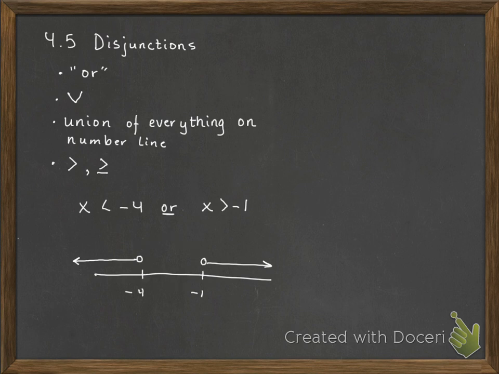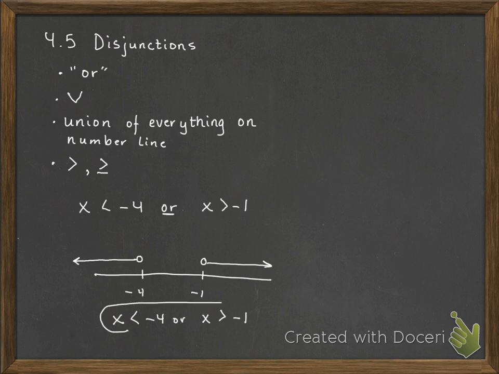But when you deal with a disjunction, you're talking about everything that's on the number line. In other words, all the numbers that the lines on your number line are covering, okay? Which is X is less than -4 or X is greater than -1.